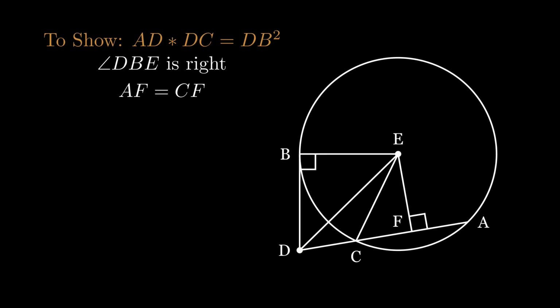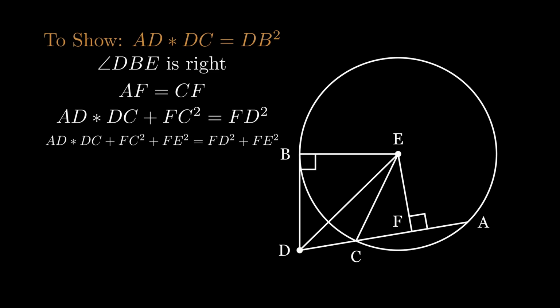So again, proposition 2.6 says that AD times DC plus FC squared is equal to FD squared. Add FE squared to both sides, thus AD times DC plus FC squared plus FE squared is equal to FD squared plus FE squared.